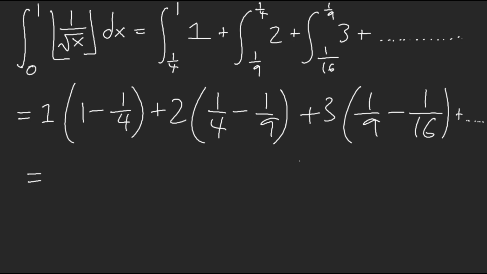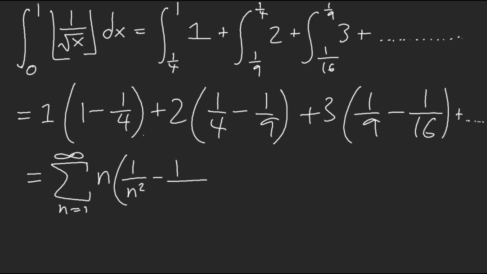And then, wait a minute, there's a pattern. If there's a pattern, that means we can turn this into a sum. From n equals 1, we have n times 1 over n squared minus 1 over n plus 1 squared. Wait a minute.